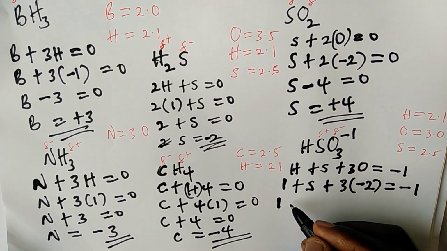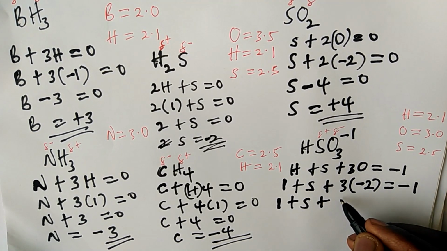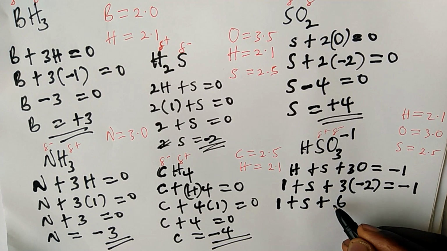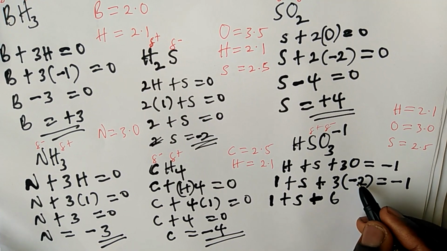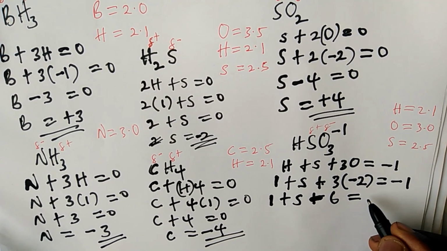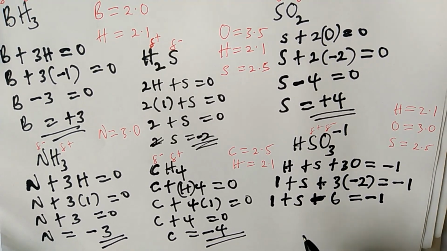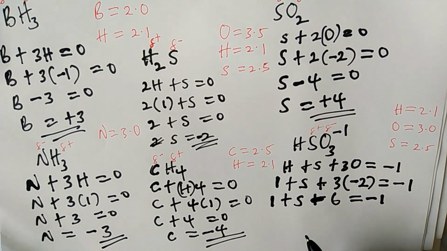Hydrogen, which is 1, plus sulfur plus 6. This is supposed to be minus, not plus, because you have plus 3 multiplied by minus 2. It is minus 6, which is equal to minus 1. Plus 6 plus 1 minus 6 is equal to plus 5.